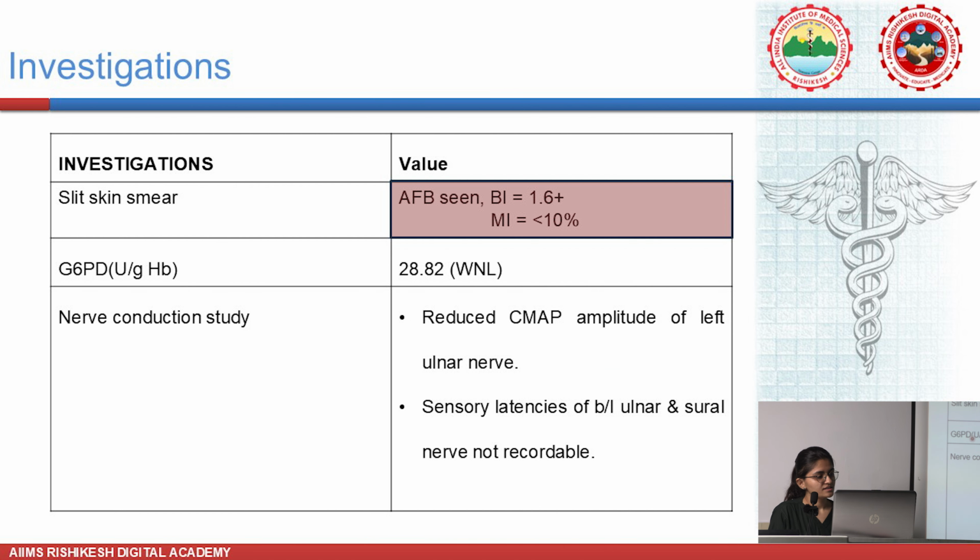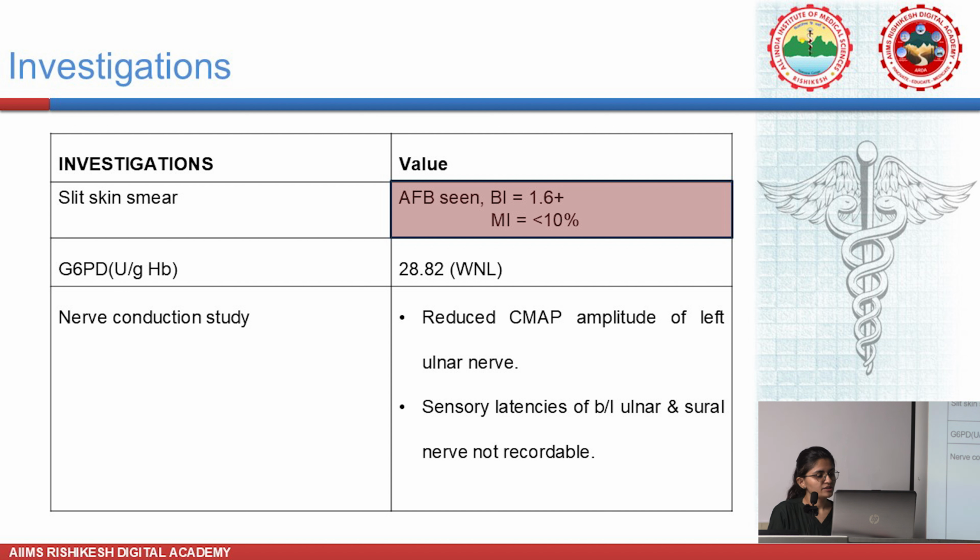Following this, a slit skin smear was done, which showed the presence of acid-fast bacilli with a bacteriological index of 1.6 and a morphological index of less than 10%. A G6PD level was also done, which was 28.82 units per gram hemoglobin, within normal limits.